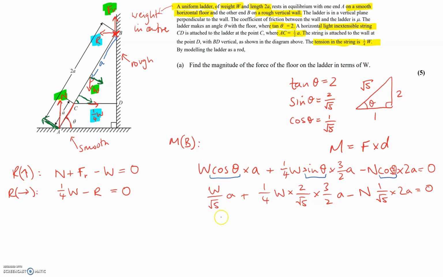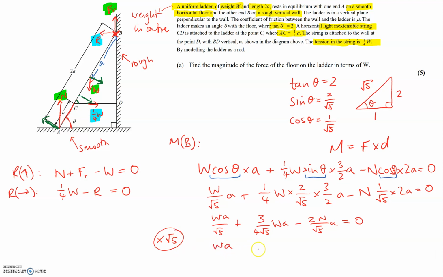I'm just going to quickly simplify that. WA over root 5 plus 3 over 4 root 5 WA minus 2N over root 5 A. Easiest thing to do is probably multiply everything by root 5. Gets rid of all the mess.